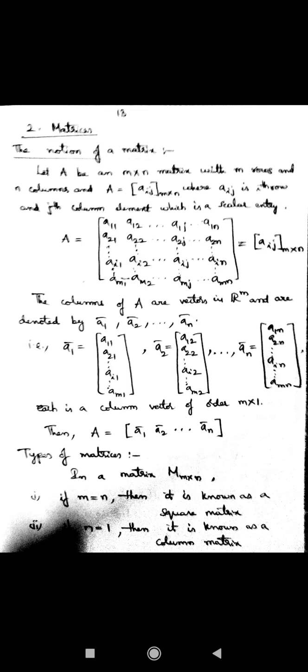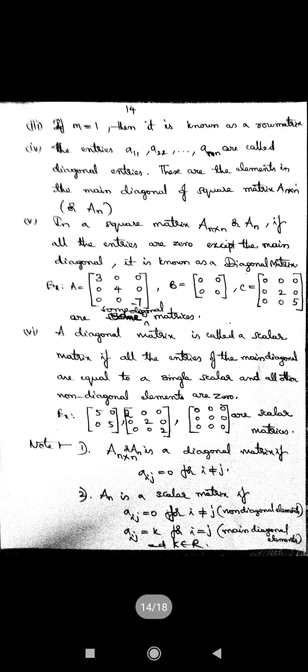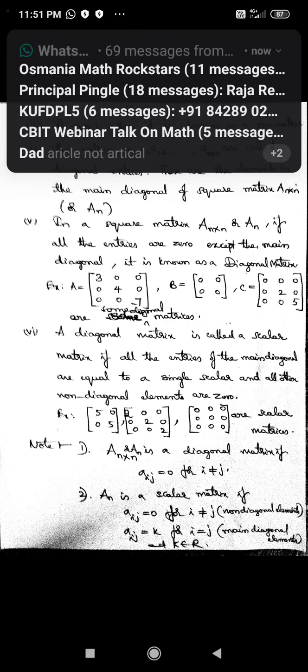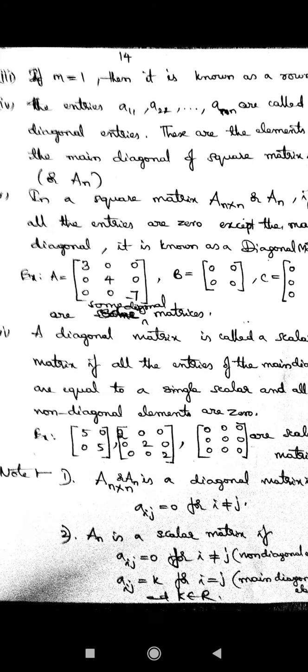That means if the order of the matrix is m by 1, then it is called a column matrix. If m is equal to 1, then it is known as a row matrix. If m is equal to 1, the order of the matrix will be 1 by n, and then it is known as a row matrix.